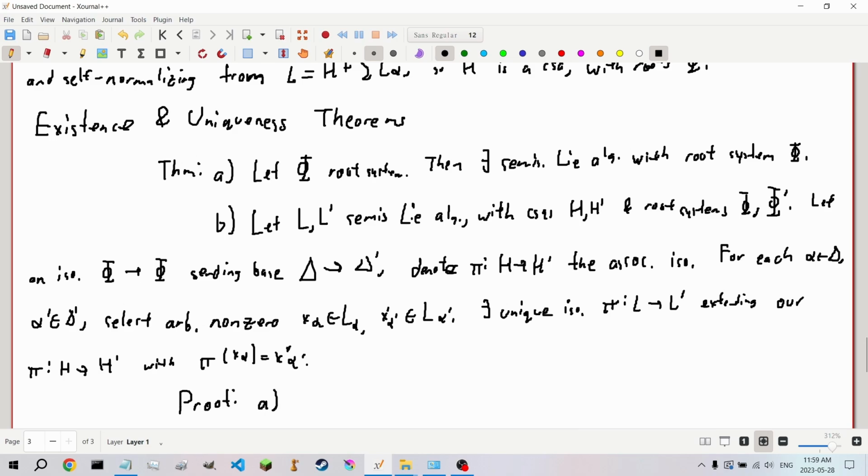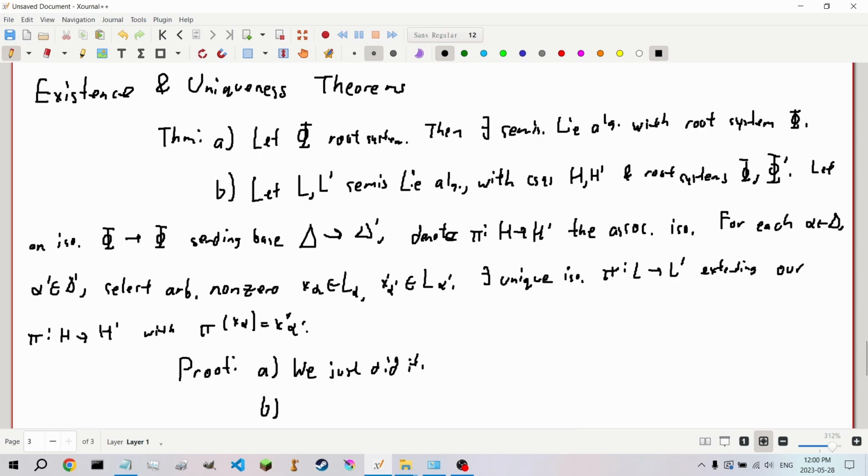For part A, this was what we did in the last theorem. For part B, I'm going to choose y alpha, such that the bracket of x alpha and y alpha is h alpha, and likewise for the primes.